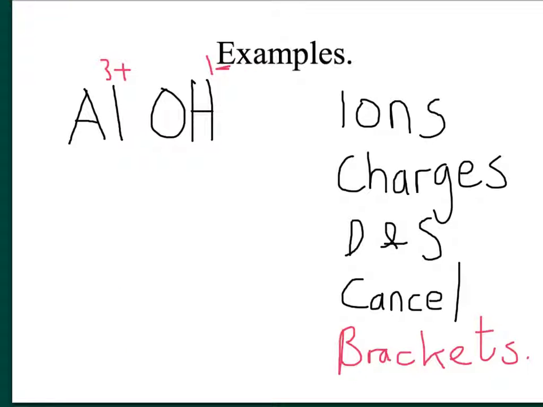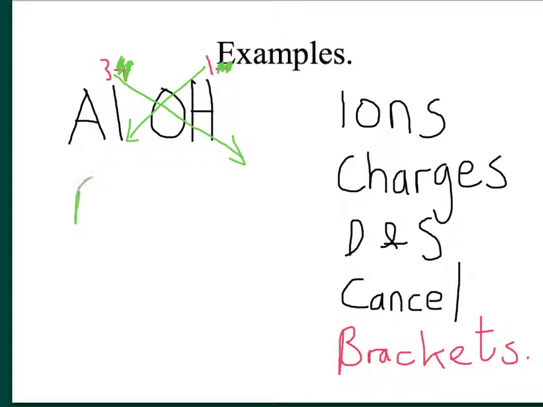Okay, so let's have a look at one that needs brackets. And if we look in our table, we've got these ions are OH minus, and they're called hydroxide ions. But we go through exactly the same procedure again, and what we do, first of all, we drop the charges, then we swap the numbers, and the 3 goes to there, and the 1 goes to there.